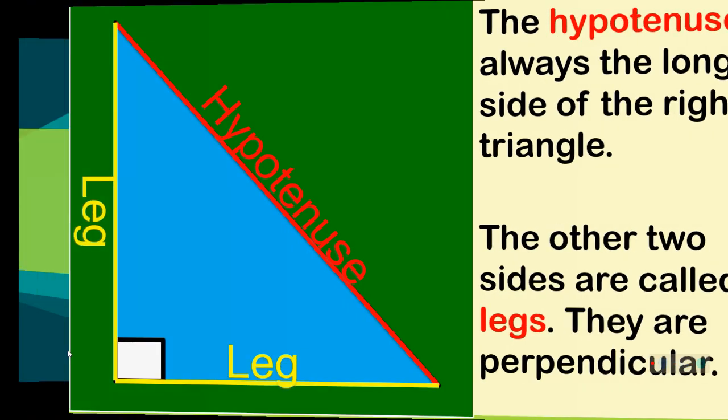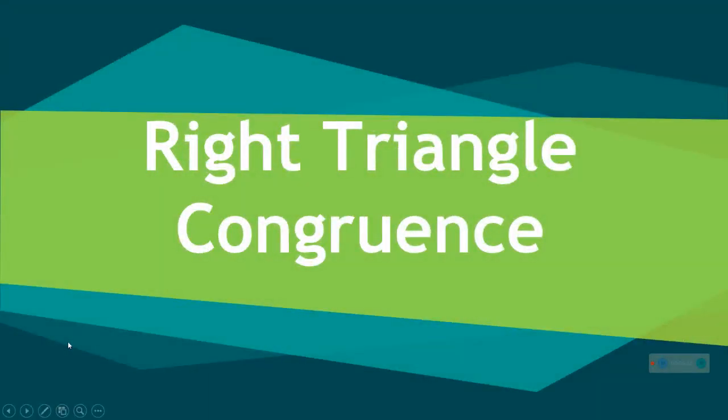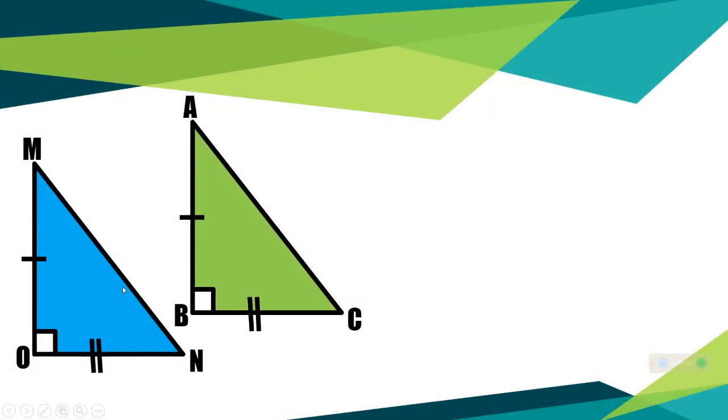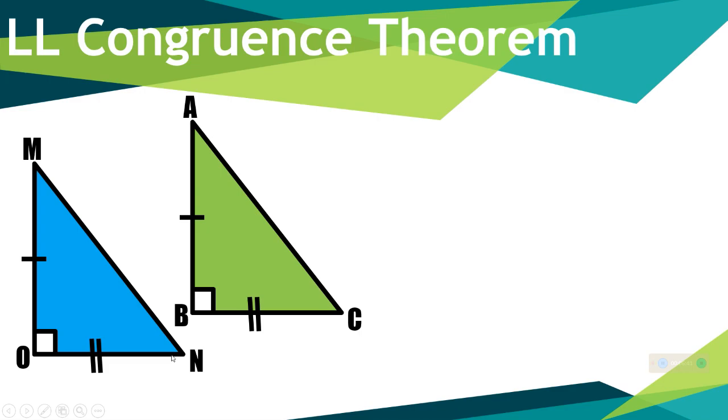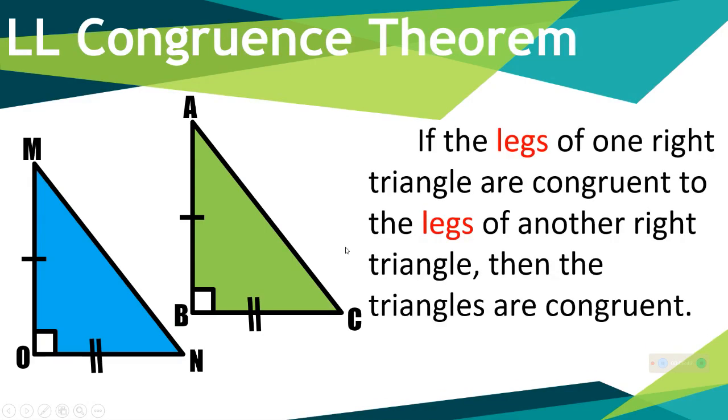Now let's have the right triangle congruence. In these two triangles, we have the tick mark on segment MO, so it is congruent to segment AB, and segment ON with segment BC. Again, what are these parts? Yes, they are the legs. Therefore, we have now the LL congruence theorem.